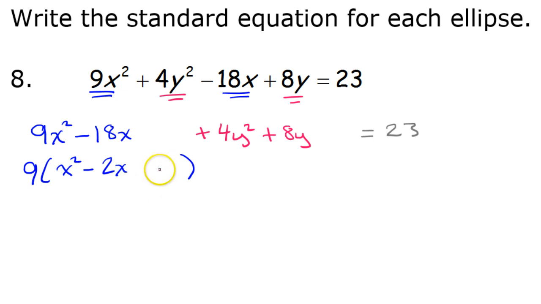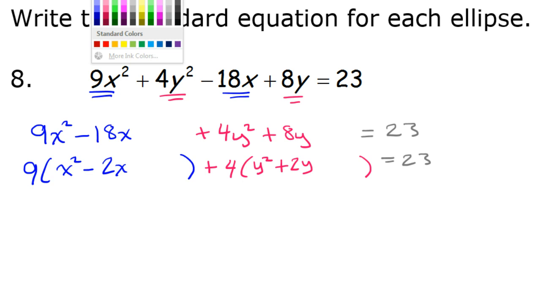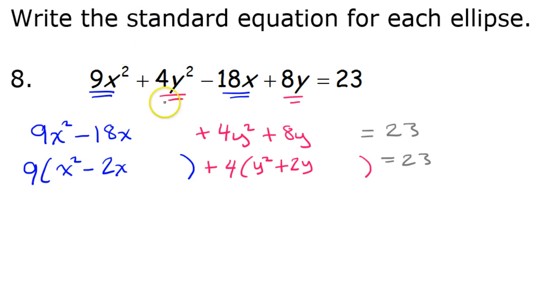And again, I'm going to leave that space there in order to complete the square. Now, in the red part of the equation, I need to take the 4 and factor it outside the parentheses. So that's going to leave me with y squared plus 2y, leave a space, equals 23.